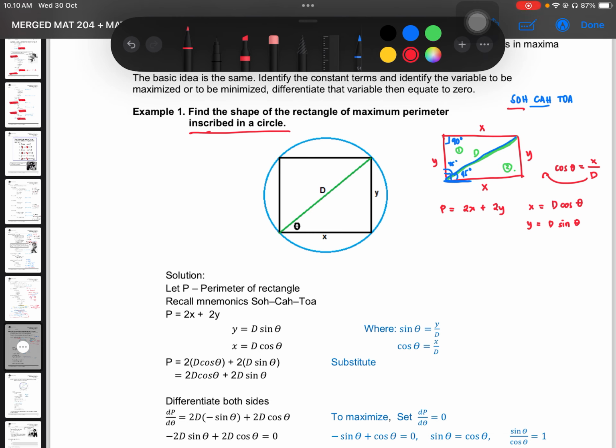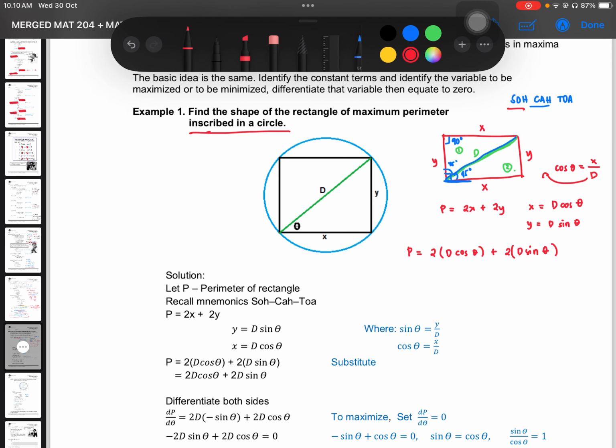So, now that we have x and y, let's substitute them into the perimeter in our original equation. We have P is equal to 2 times x, which is d cosine of theta, plus another 2 times y, which is d sine of theta.